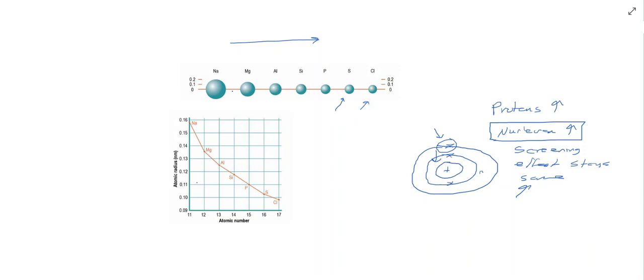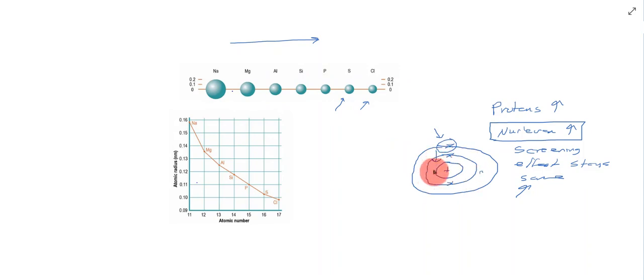Also, the screening effect: when you're on the same period, within the same energy level, the screening effect by inner levels is the same, because there's the same number of inner levels. So as you move across from left to right, the number of electrons between the nucleus and the outer electron is the same.